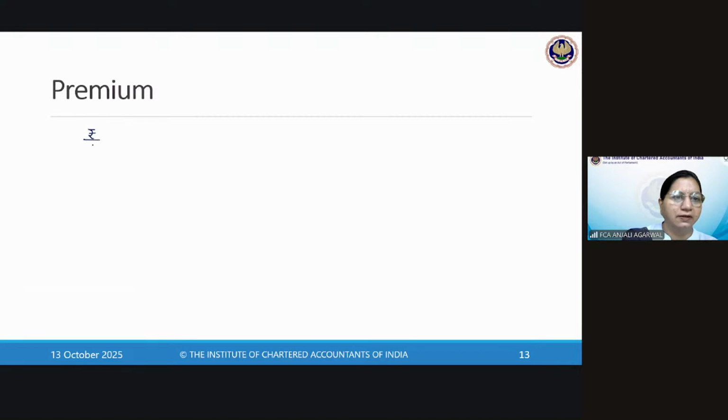So rupee dollar, which was, I'll keep one single quote here, let's say 88.50, becomes, after 3 months, 88.80. Do you see an increase in the dollar price?